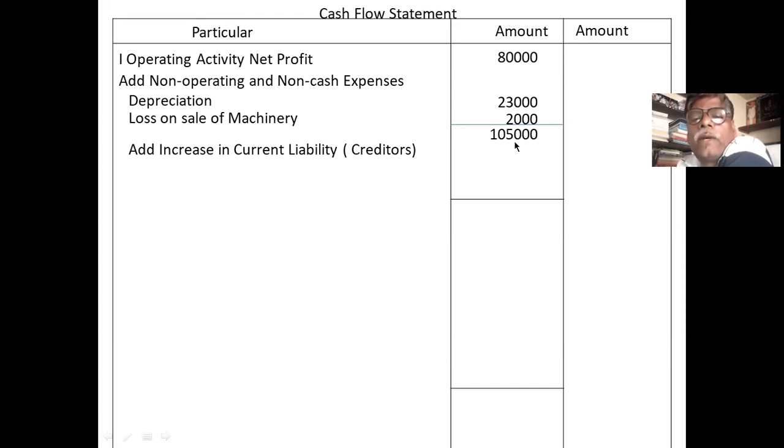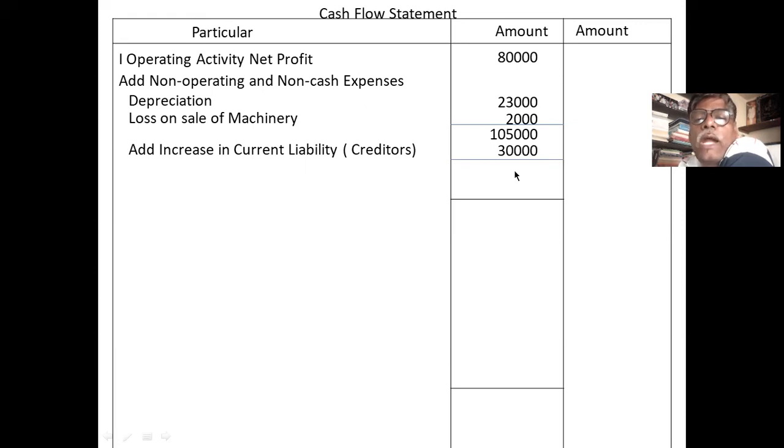To this 1,05,000, you add increase in current liabilities and decrease in current asset. Current liability increased is only creditor. So 30,000 is increase in creditor.